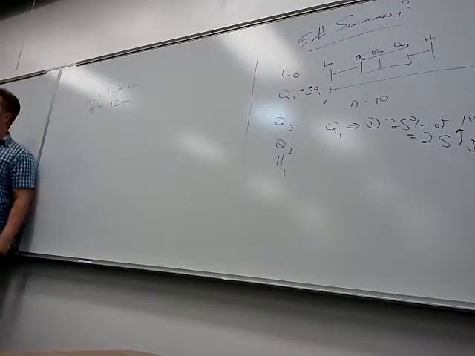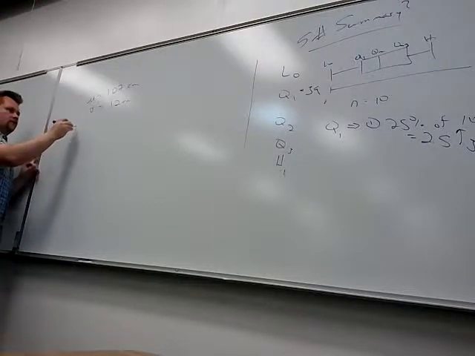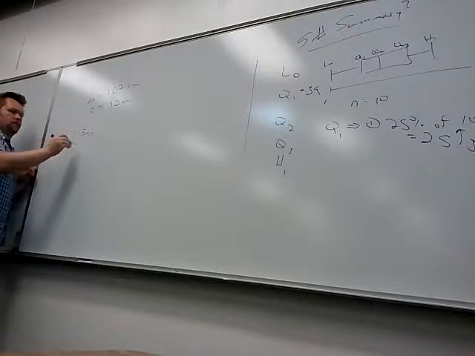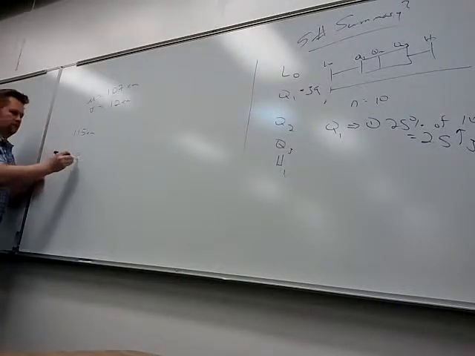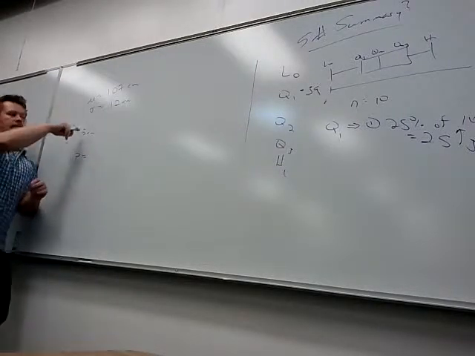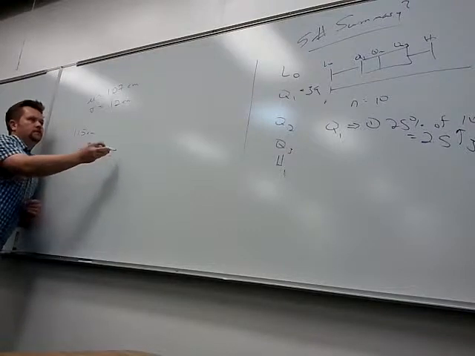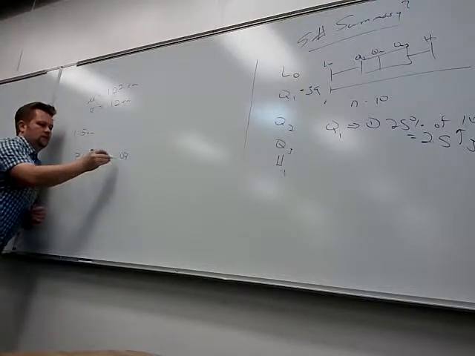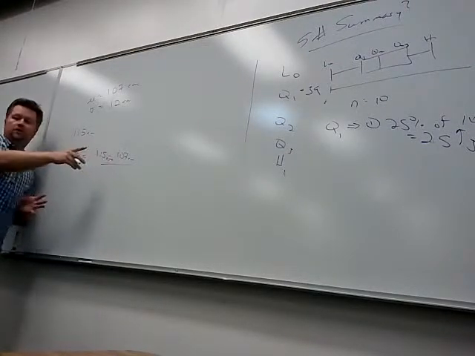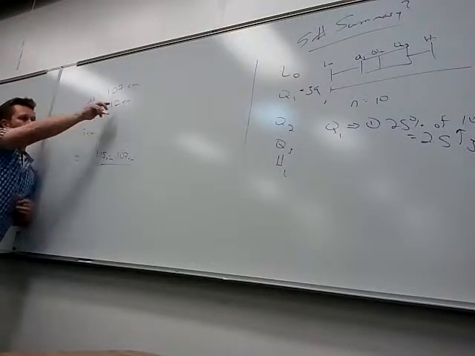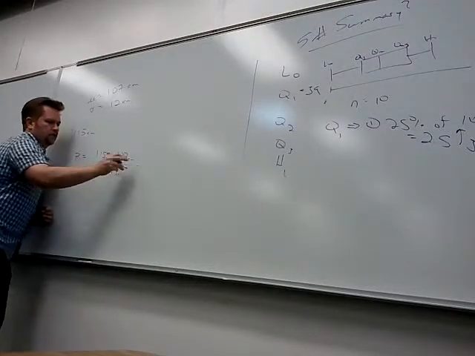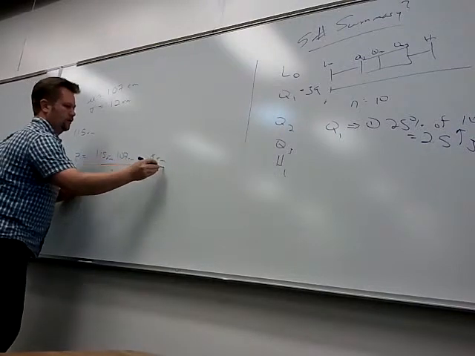What if there was a president that was 115 centimeters tall? What would his Z-score be? How would you calculate his Z-score? 115 minus 107, 115 centimeters minus 107 centimeters. You don't have to put the units in, but I'm just trying to make a point here. Divided by 12 centimeters, you get 8 centimeters over 12 centimeters.